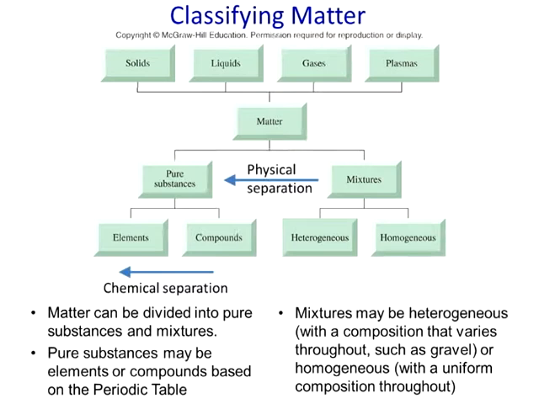Pure substances may be elements or compounds based on the periodic table. Mixtures may be heterogeneous with a composition that varies throughout, such as gravel, chocolate chip cookies, pulp lemonade or pulp orange juice, or homogeneous, which is a uniform composition throughout. So a homogeneous mixture would be Kool-Aid, any mixture that you cannot easily differentiate.